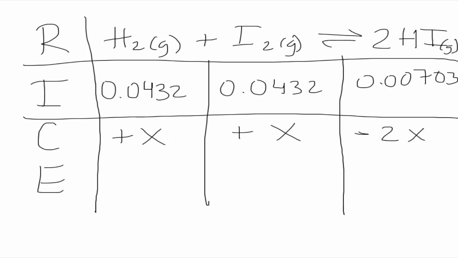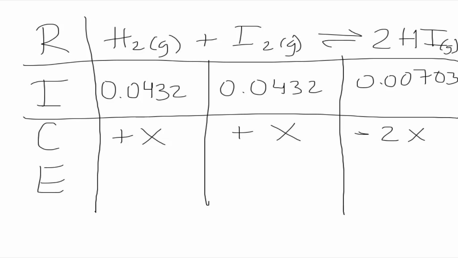And remember, this chart should make sense when you're setting it up. If your system is proceeding to form more reactants, the values for the reactants H2 and I2 should increase by x, not decrease. So always think of that when you're setting up the table.